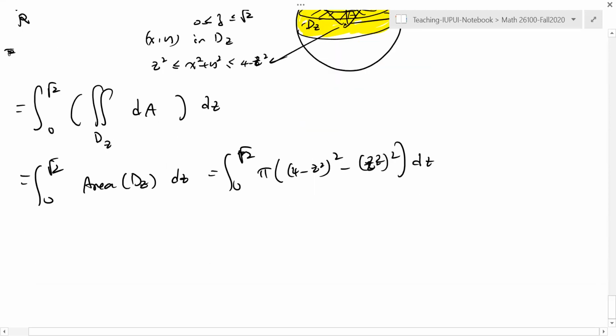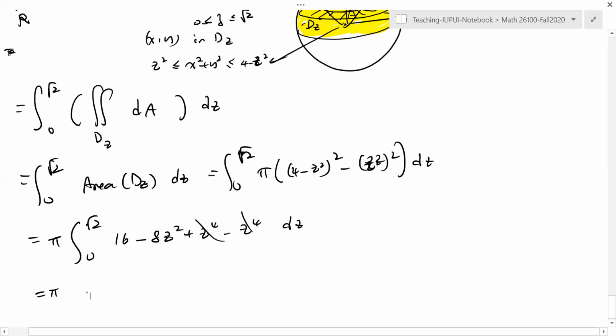So you get a polynomial. When you square it, it's 16 minus 8z squared plus z to the fourth power and minus z to the fourth power, right? So this cancels out. Not surprised.